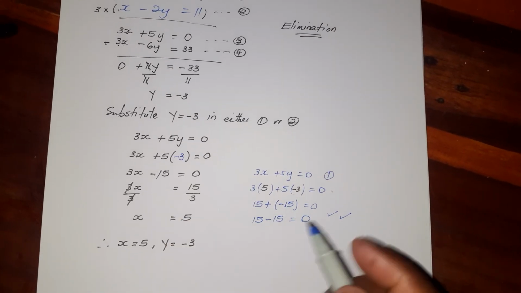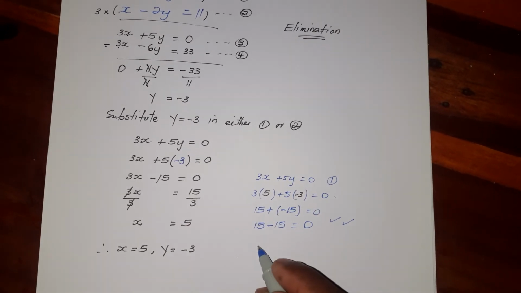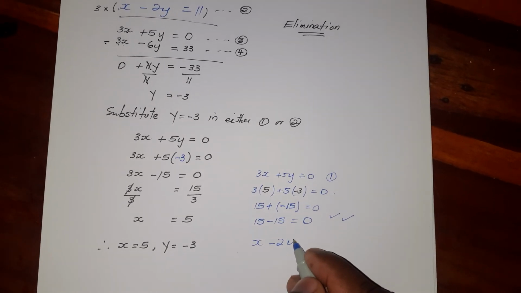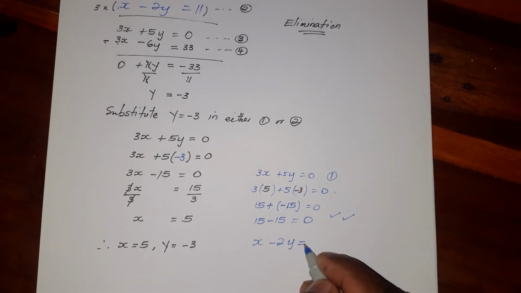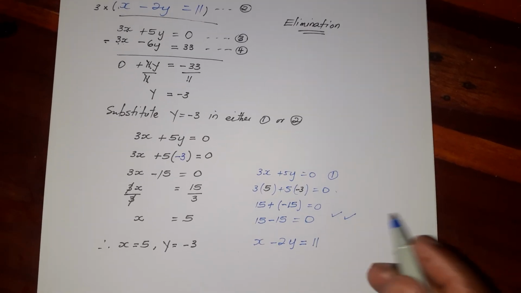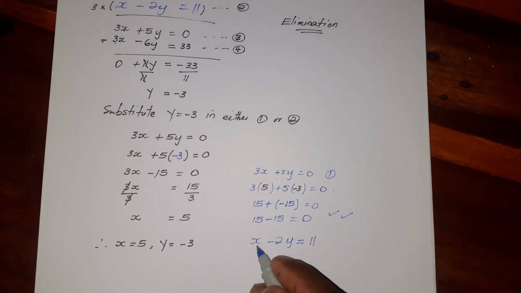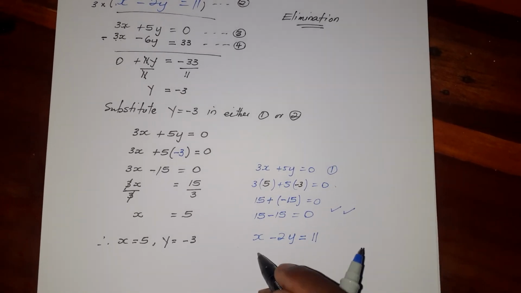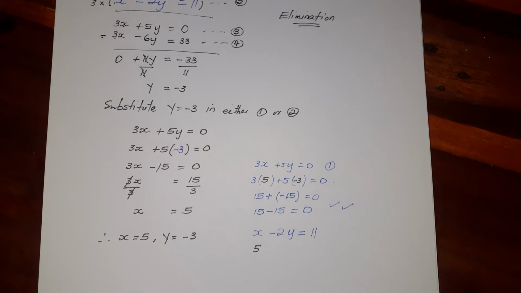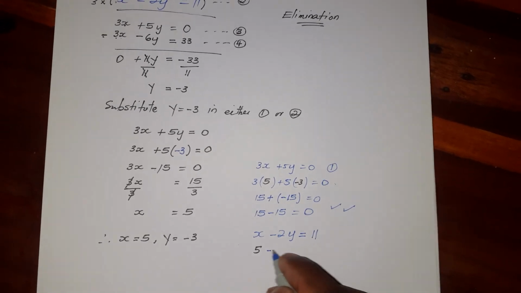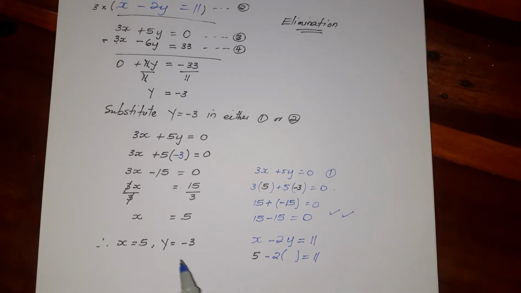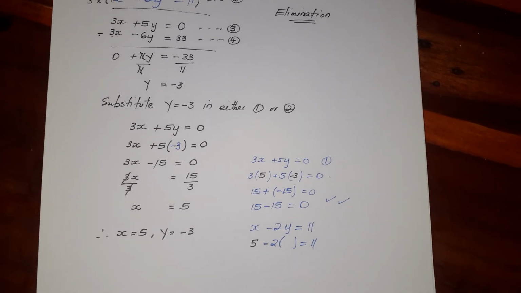Let's also check with equation number 2. We have x minus 2y equal to 11. In the place of x, let's put in positive 5. And then minus 2, in the place of y, let's put in negative 3.